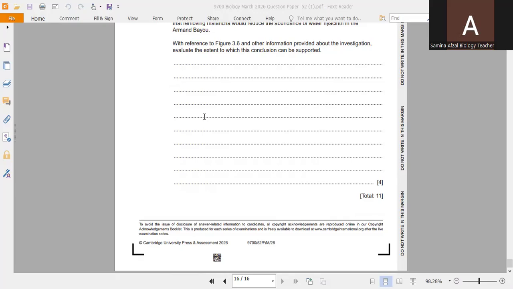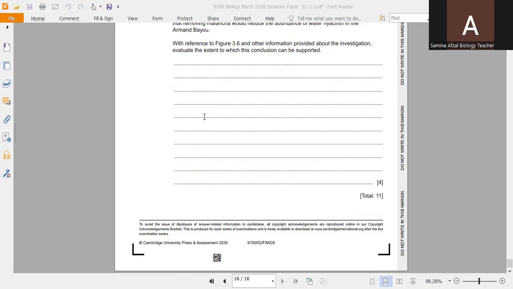The sample size is small, only 4 study areas per treatment group. Eight weeks is a short duration to assess long-term ecological dynamics. The fourth one: extraneous environmental variables such as water flow, light, nutrient runoff, or seasonal changes were not controlled. They should be controlled.